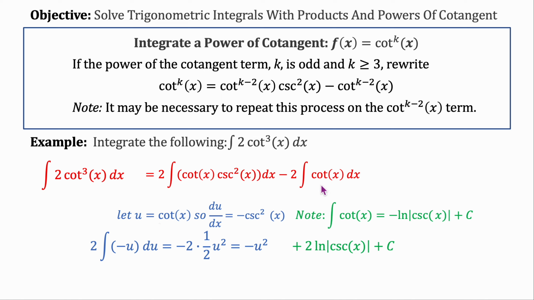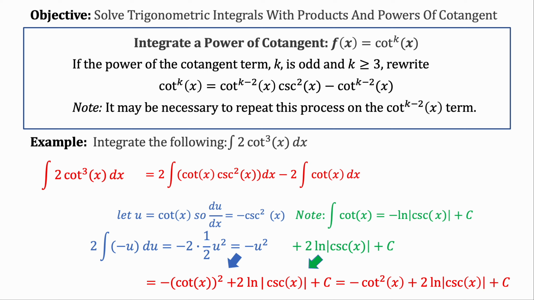Now this piece, the cotangent, is negative natural log. So if we have a negative 2 times that negative, it becomes a positive 2 times the natural log of the absolute value of the cosecant of x. And then we need our plus c since this is an indefinite integral. So our final answer is negative cotangent of x squared plus 2 natural log of the absolute value of the cosecant of x plus c.